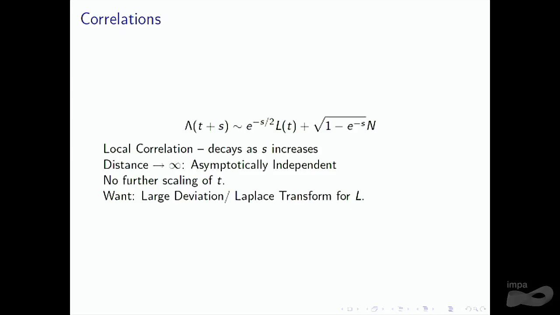But again, we want large deviations. And the tricky thing, or interesting thing, about this lambda is the correlations. There is correlation when you're close together on the logarithmic scale. That is, if you know the value at e to the t, and now you want to know the value at e to the t plus s. So going back to I, if you know where you are at I, that affects where you are at 10i.